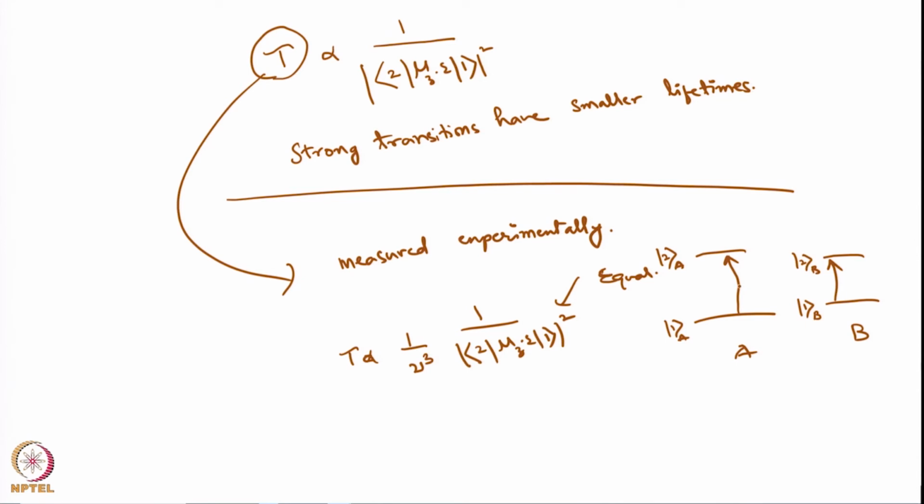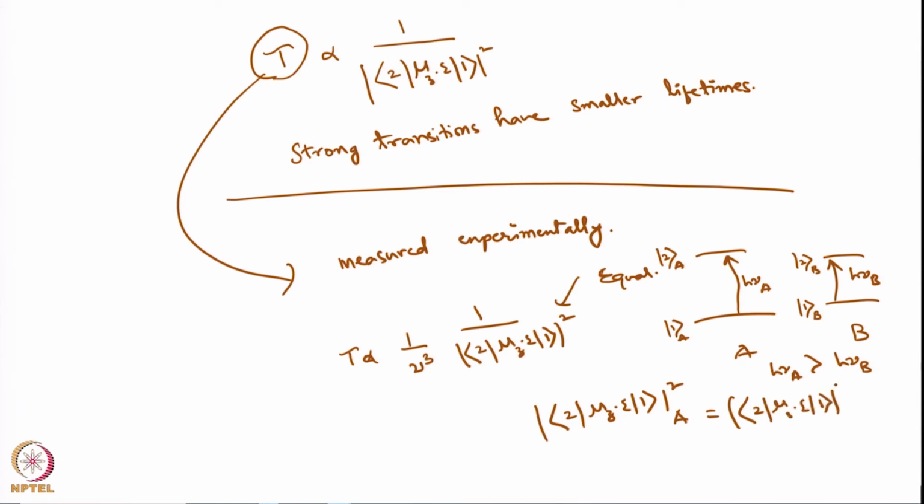The way I have drawn it, this is h nu A and this is h nu B, such that h nu A is greater than h nu B. And it so happens that the modulus of <2|mu_z|1> square of A is equal to the modulus of <2|mu_z|1> square of B.